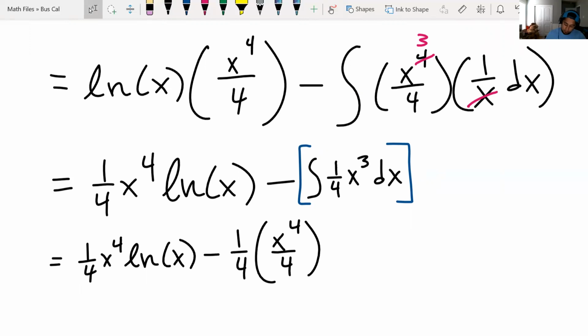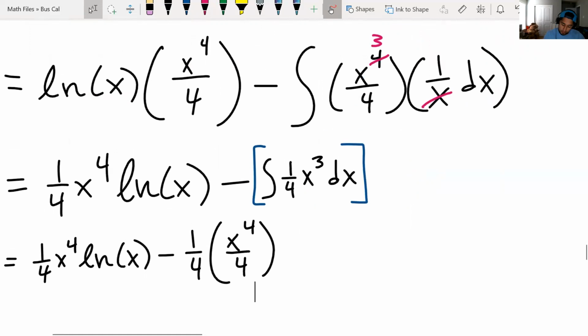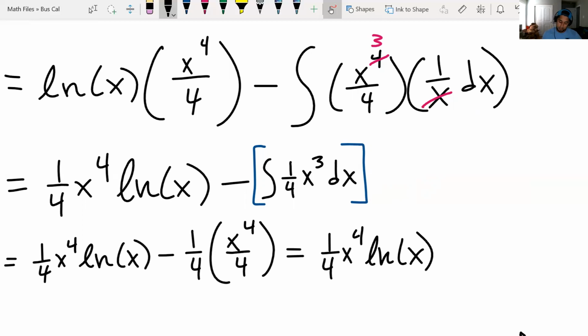Okay. Last step. I'll write it to the side right here. Our final answer is 1/4 x to the 4th natural log x minus 1/4 times x to the 4th over 4 is 1/16 x to the fourth plus c.